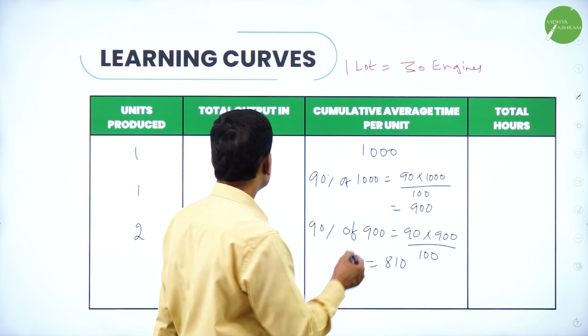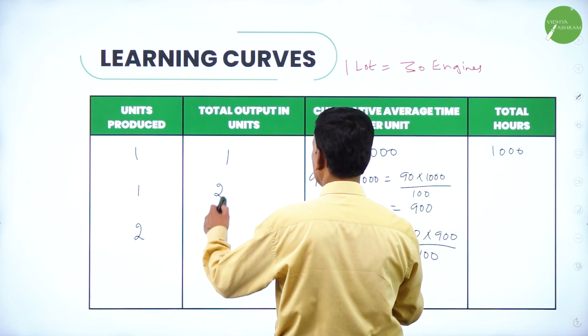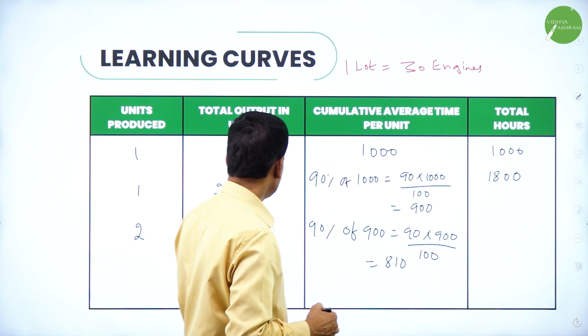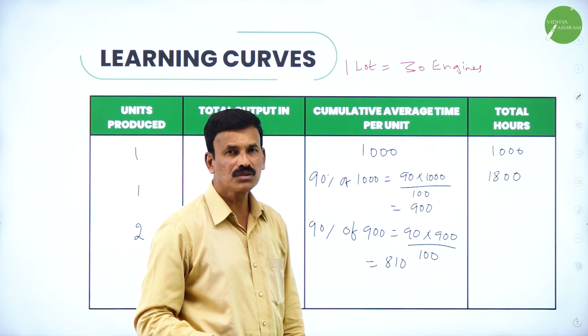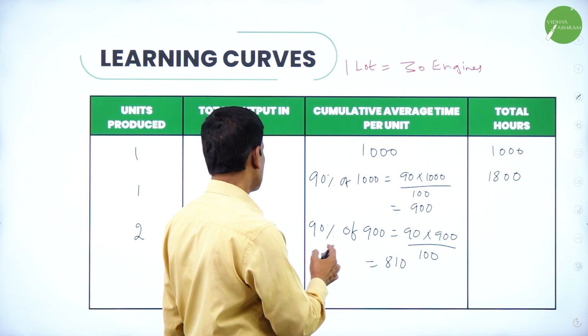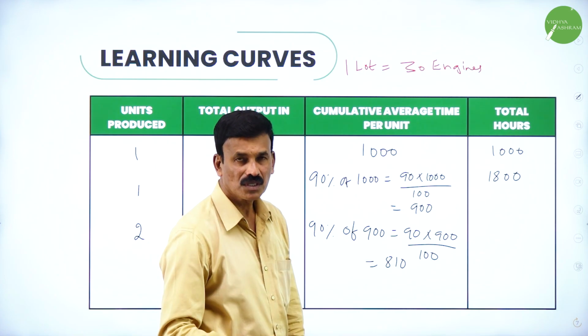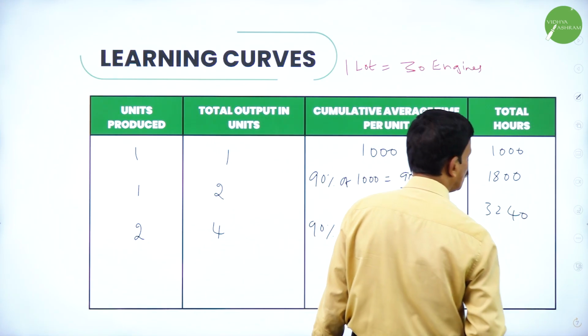Now, what is the total hours? 1 into 1000 is 1000. Again, 900 into 2, 9 2s are 18, that is 1800. Again, 4 into 810: 8 4s are 32 and 4 1s are 4, so 3240.